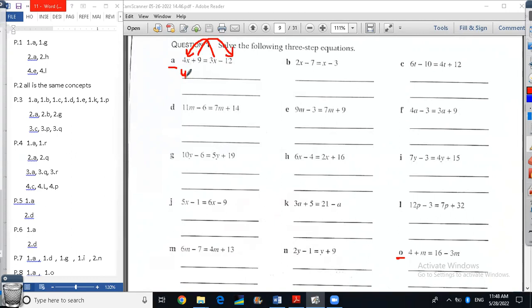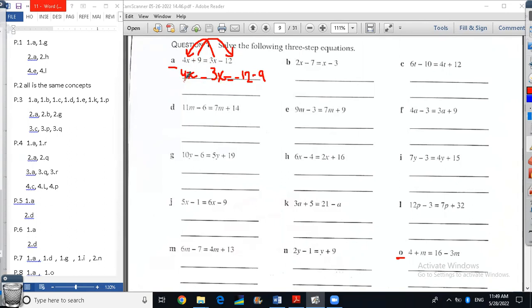So I have 4x already here. 3x is on the right side. It comes here on the left side. So minus 3x equals. Now I have here negative 12. Keep it the same. Negative 12. And positive 9, I want to bring it here as negative 9. Negative 9. That's it.